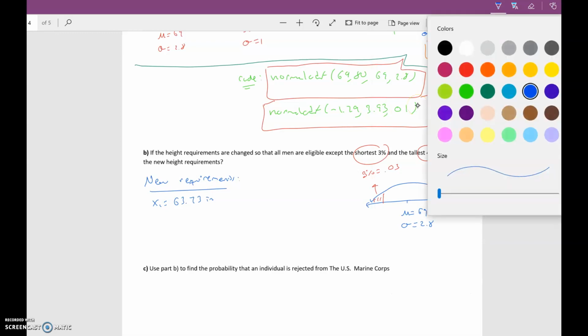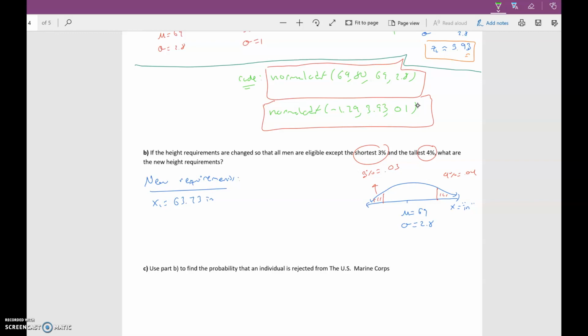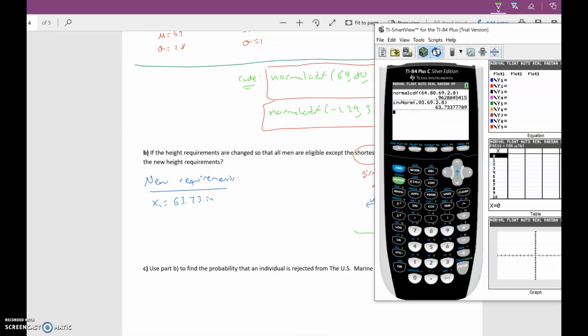Now, to find the second one is a little bit tricky, because to find this actual value, you have 96% of area to the left. So you're basically just going to run the same command, but you're going to adjust the area to the left to not 0.03 but 0.96, and then everything else is the same.